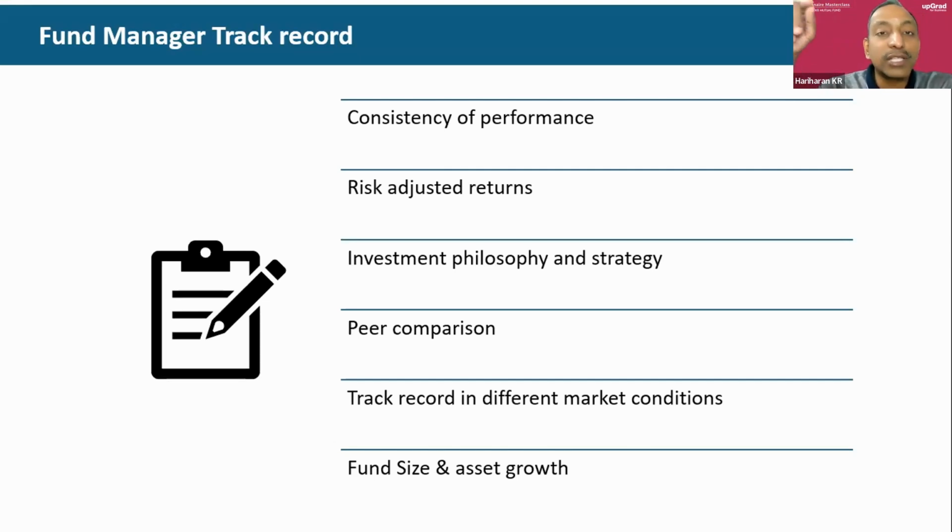Rahul Dravid is not expected to get out on the first ball. By and large, he will be consistent, is what we try to figure out. In numbers, it could be that a fund manager has delivered say 18, 19, 20, 21, 24 percent returns, which is more consistent compared to somebody who delivered 60% return in the first year and minus 30% in the second year.